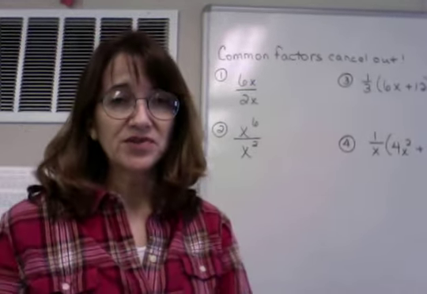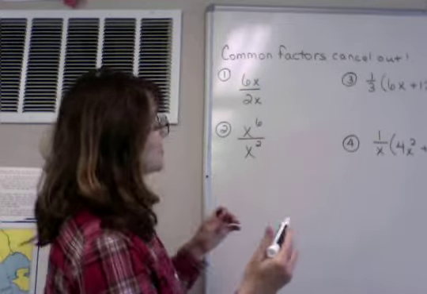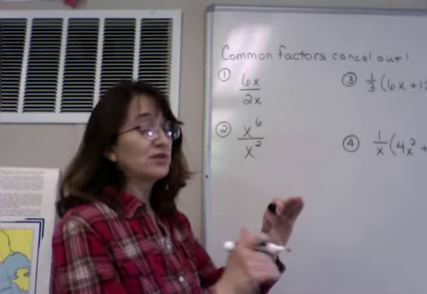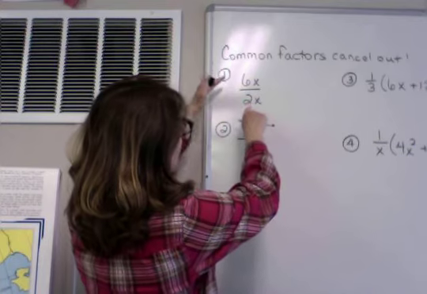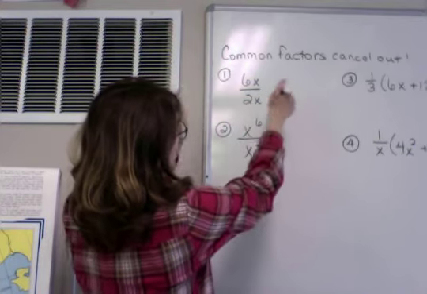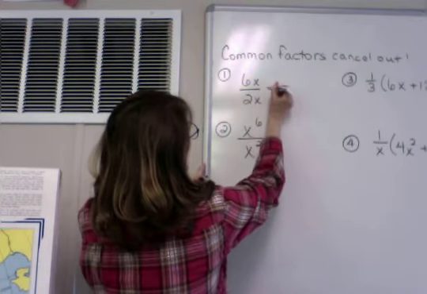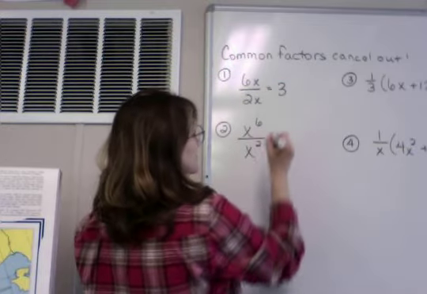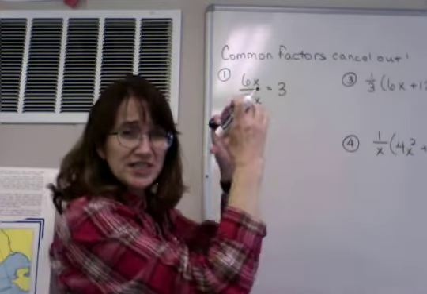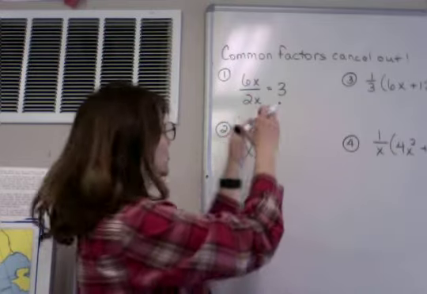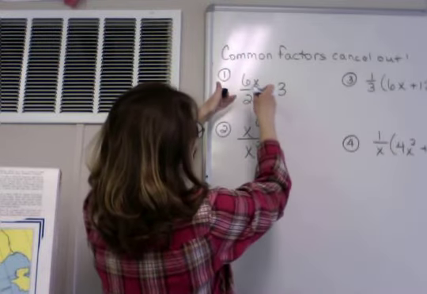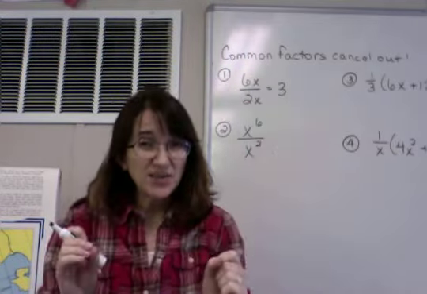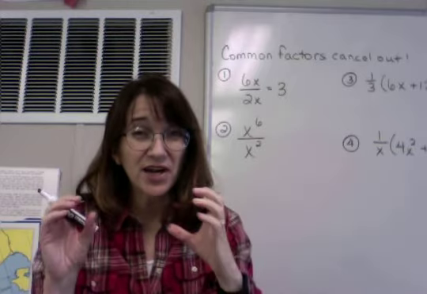So let's start with this one right here. What we're going to do is the actual division. If you look at the actual division, I'm dividing 6 by 2, and that becomes 3. And then those things right there are factors, and they're common. This is one term, this is one term. That's what I'm looking at, that term.